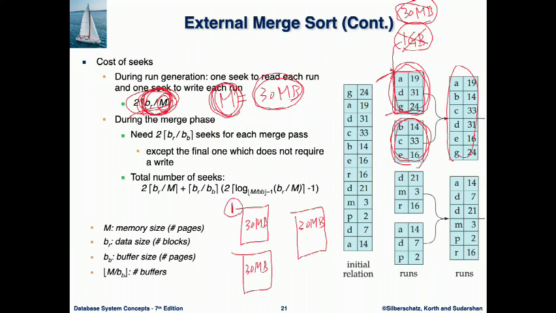And next, 1 more disk seek is needed to move to the beginning of this file and then keep reading the data. At some point, you will fully occupy 30 megabytes of this main memory buffer, and that's also the end of this file. So 2 disk seeks will be good enough in that situation.